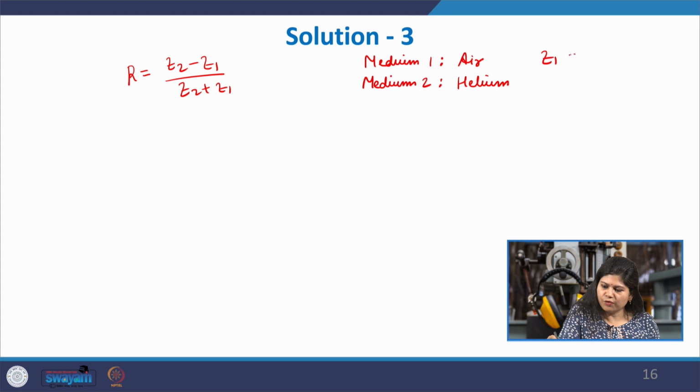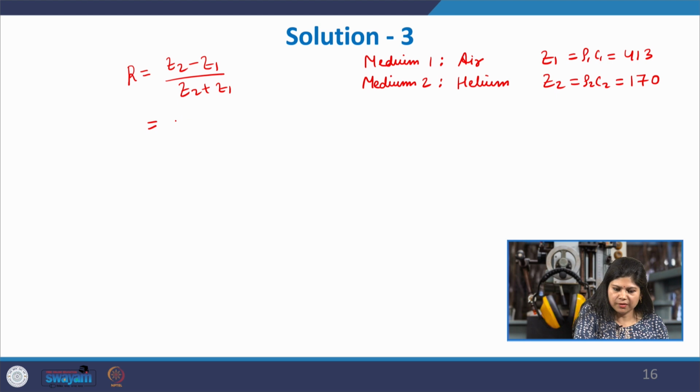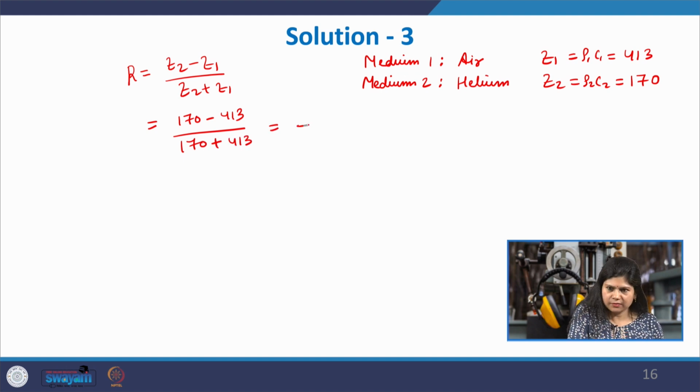So, Z1 is rho 1 C1, which has already been given as 413. And Z2, which is in helium, is given to us as 170. So, this R can be solved as follows.